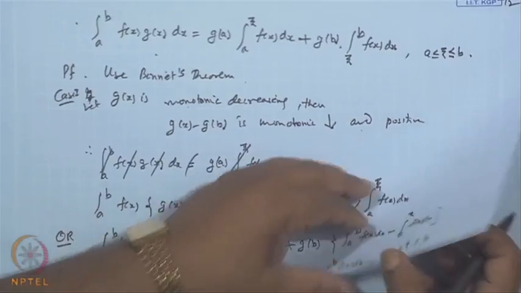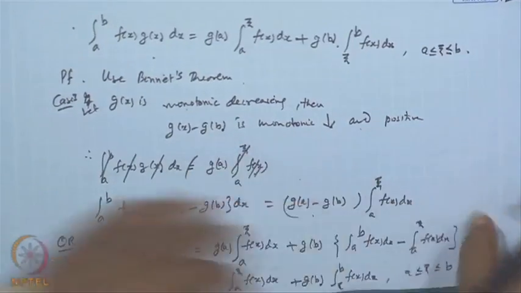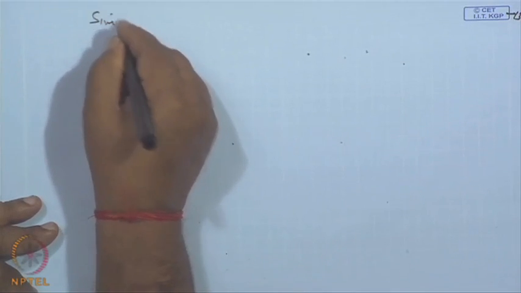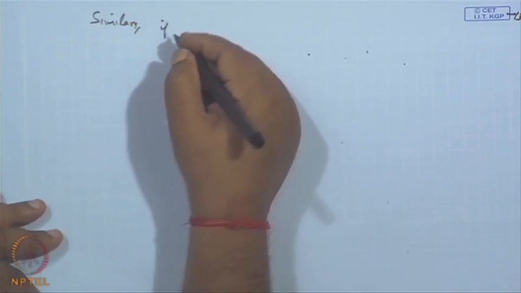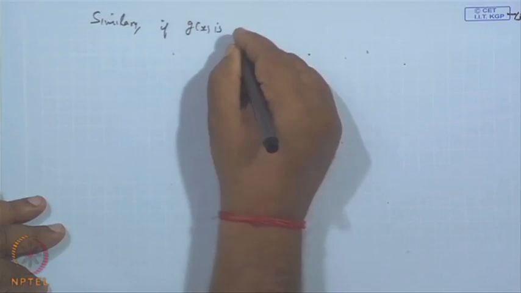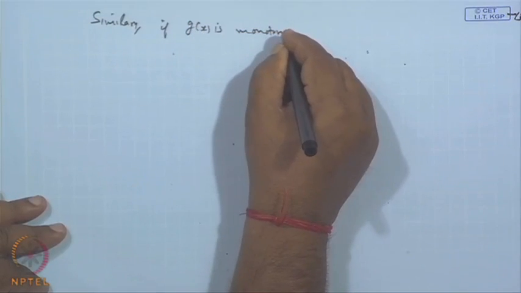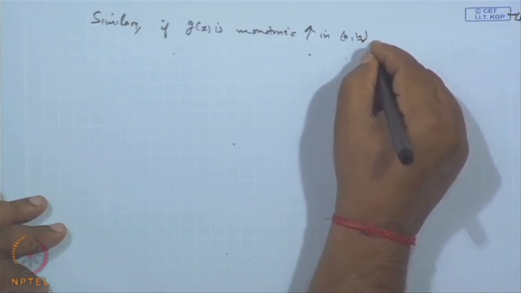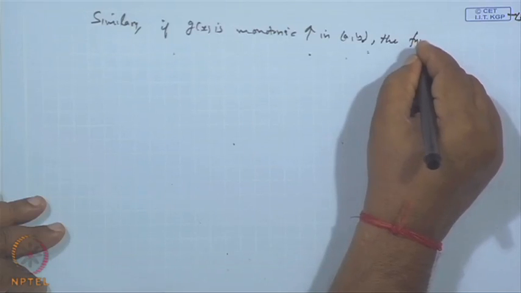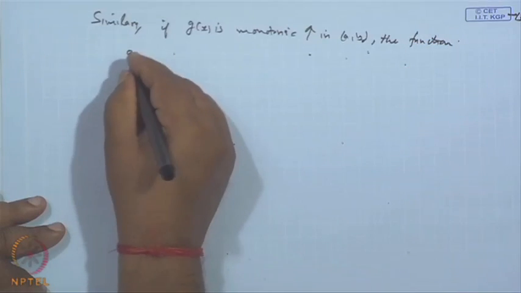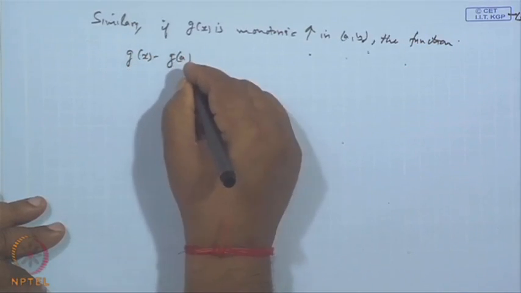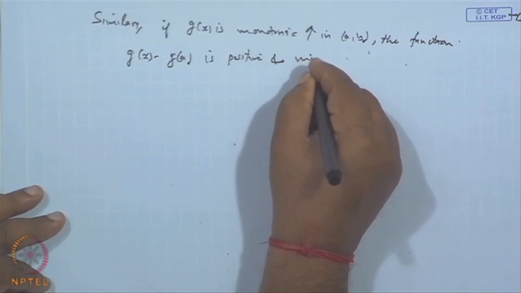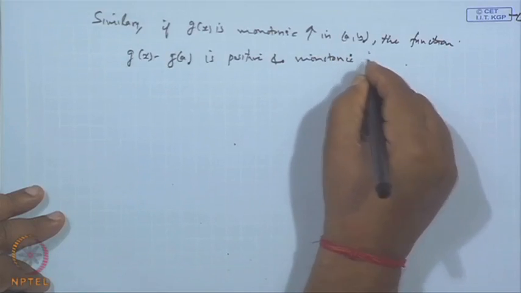Okay. Now, in case g(x) is monotonic increasing in the interval [a, b], similarly the function g(x) minus g(a) is positive and monotonic increasing.